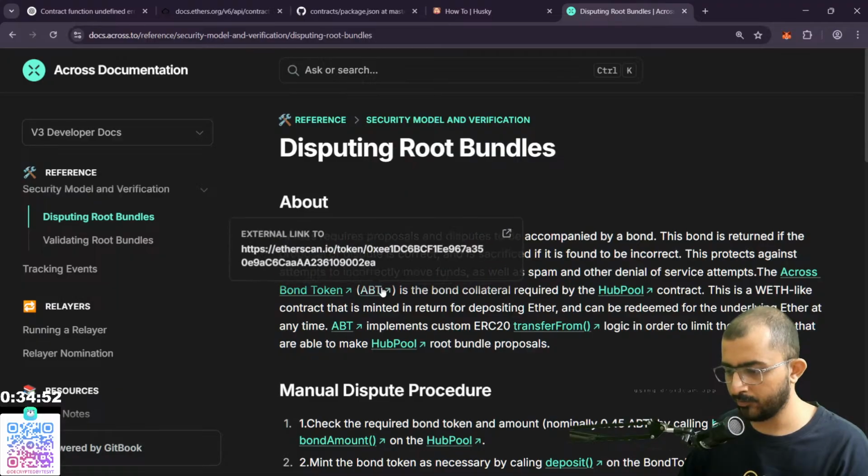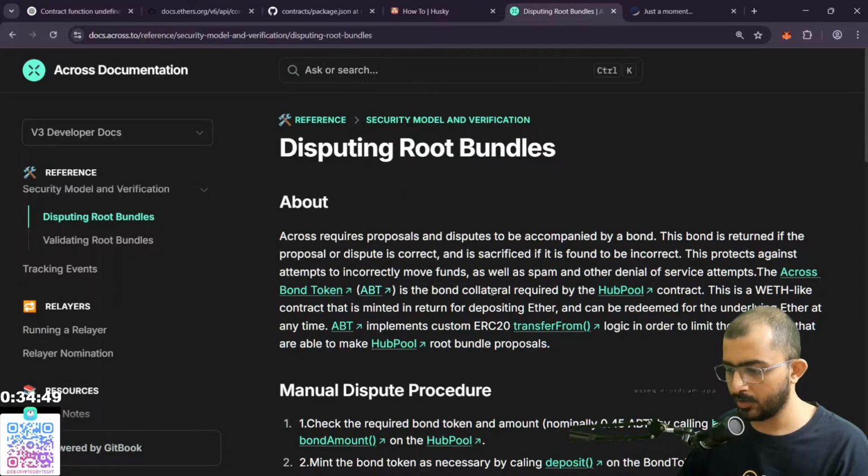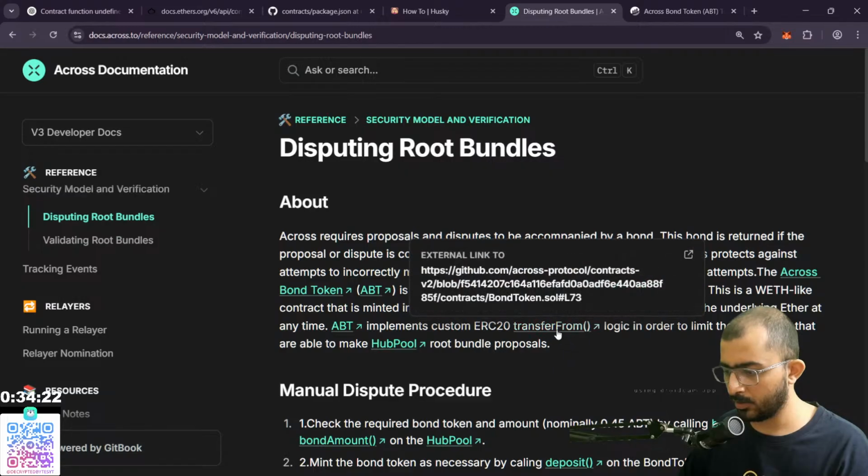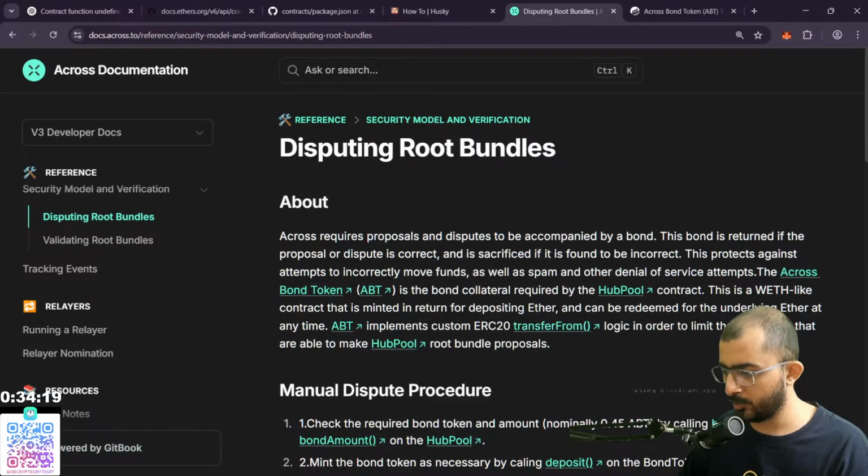The Across bond token is the bond collateral required by the hub pool contract. This is a WETH-like contract that is minted in return for depositing ETH and can be redeemed for underlying Ether at any time. ABT implements custom ERC-20 transfer from logic in order to limit addresses that are able to make hub pool root bundle proposals.